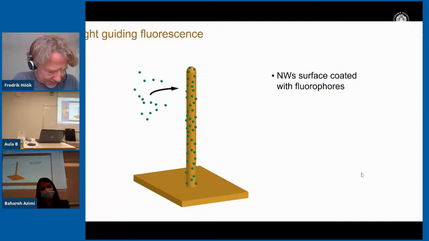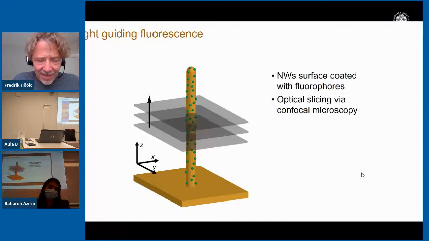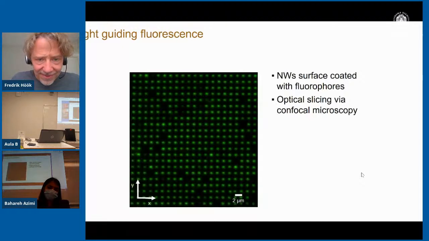And I will now show a set of confocal microscopy images of nanowires modified homogeneously with fluorophores. With the confocal microscopy, the fluorescence emission has been probed as a function of length of the nanowire, or at different positions along the nanowire.